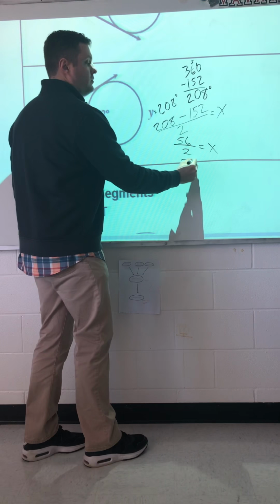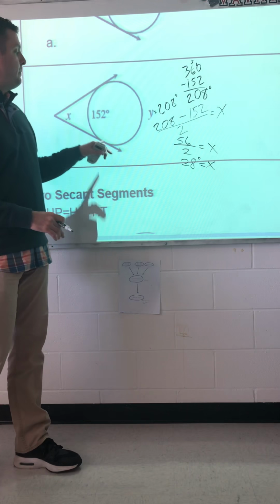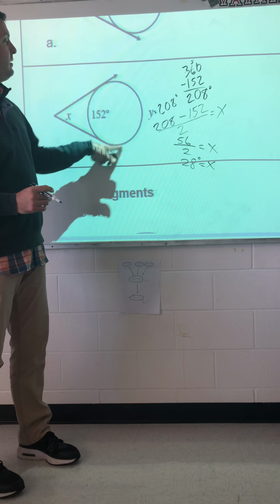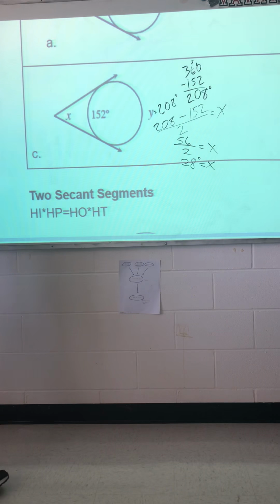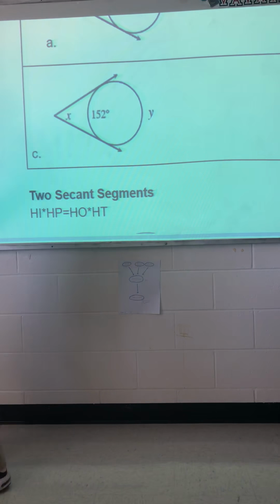So 28 degrees is the measure of that angle. Okay, so that's a big key when you're doing these tangents, is to realize that together they have to add up to be 360.